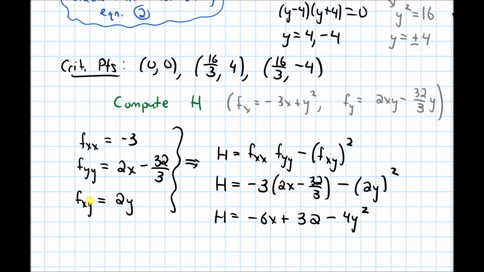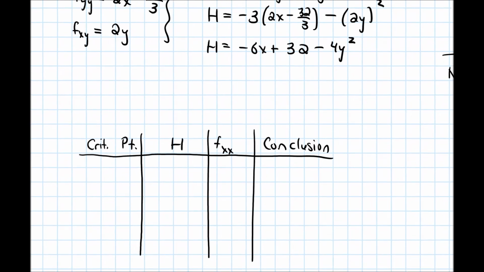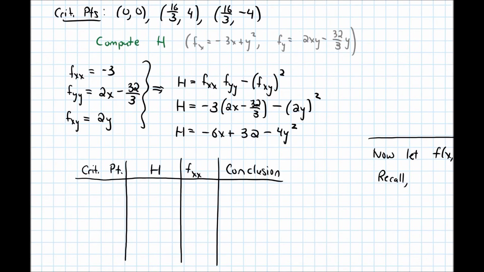All right, so next let's make a table to classify these. Okay, so I've got it written in, but let's just move this up. So our critical points are 0, 0, 16 over 3 comma 4, and 16 over 3 comma negative 4.